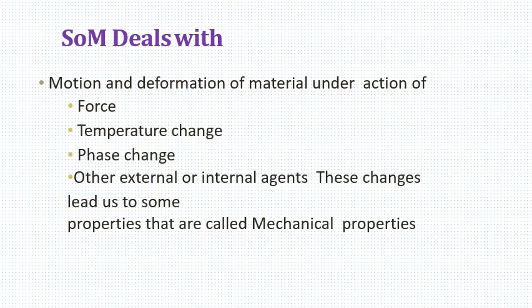Basically, strength of material deals with motion and deformation of a material under the action of force, temperature change, phase change, and other external or internal agents. These changes lead to some properties called mechanical properties of a solid member.